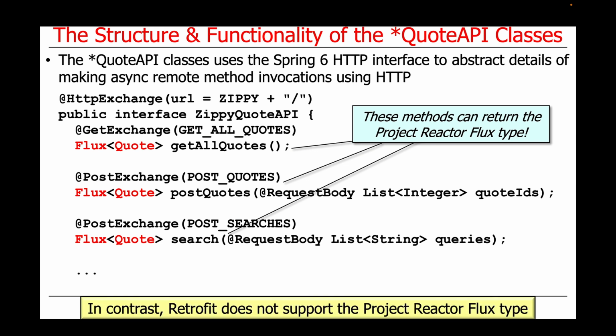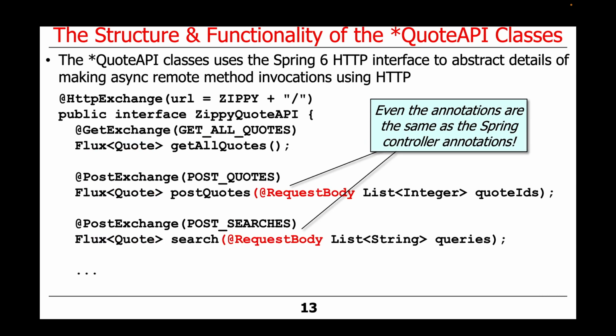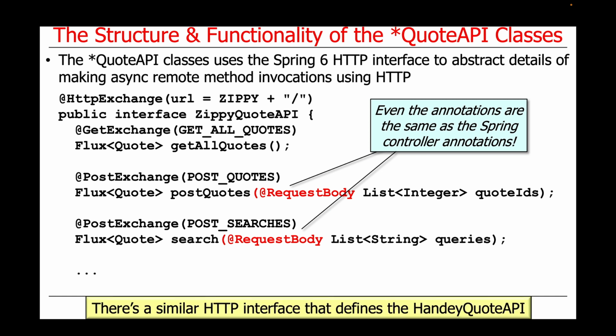So Retrofit is limited in that respect. And they also use the same annotations as the Spring controller annotations. So that's also a nice commonality between HTTP interface and what's going on with Spring controllers, whereas Retrofit did not do that. There's a similar interface that's used to define the Handey Quote API.